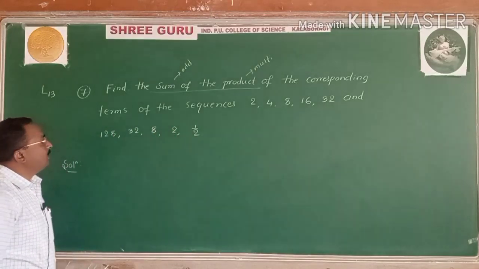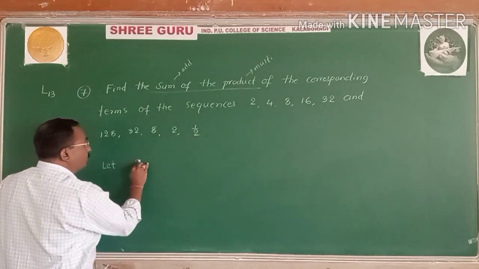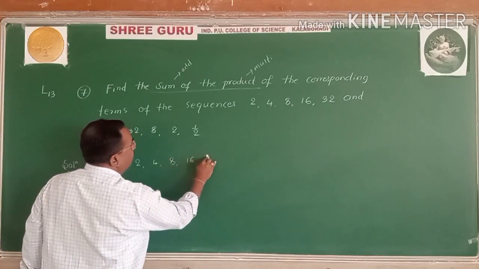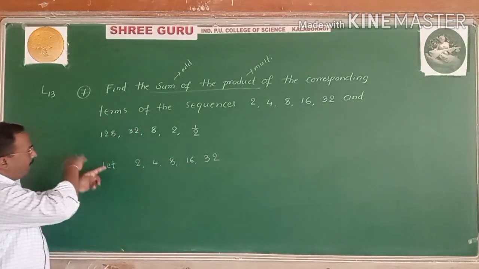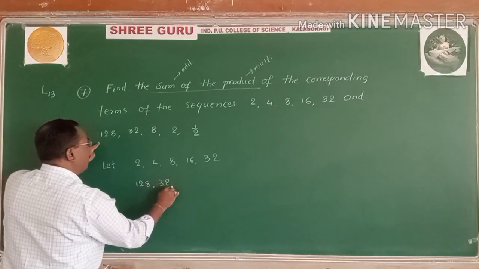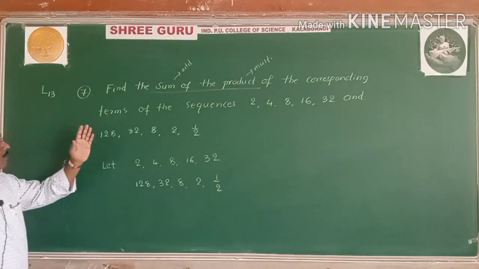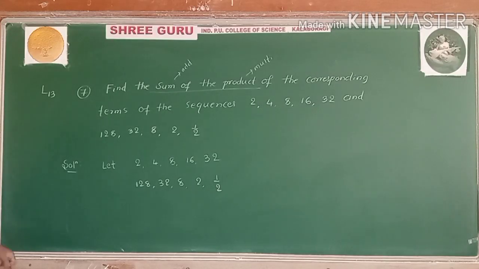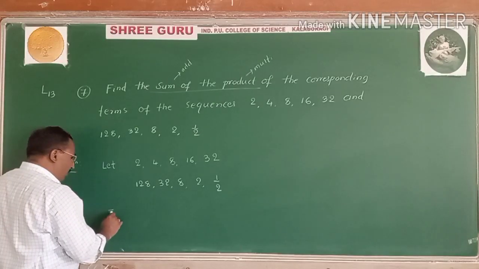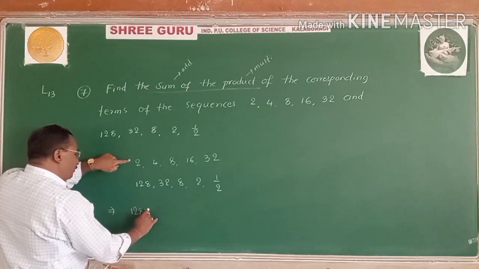The first sequence is 2, 4, 8, 16, 32 and the corresponding sequence is 128, 32, 8, 2, 1 by 2.